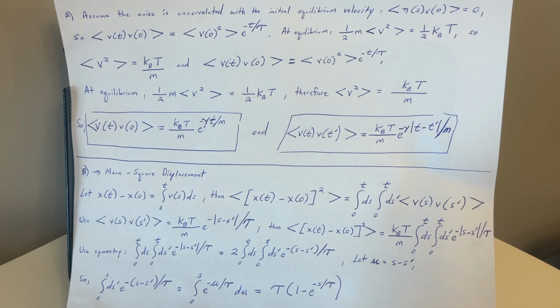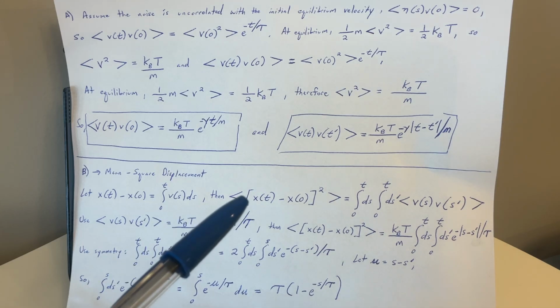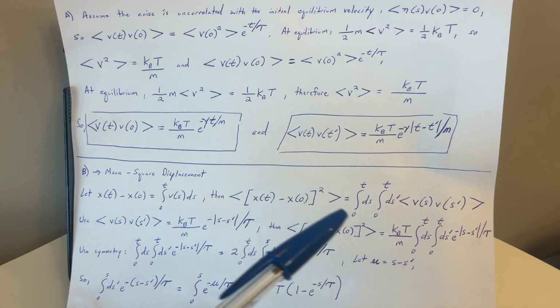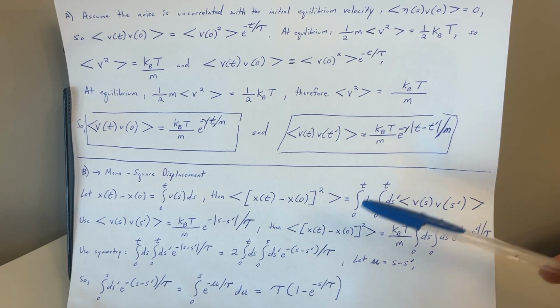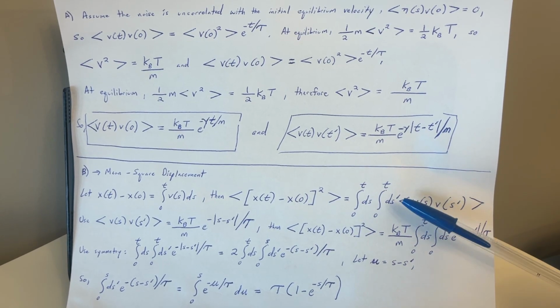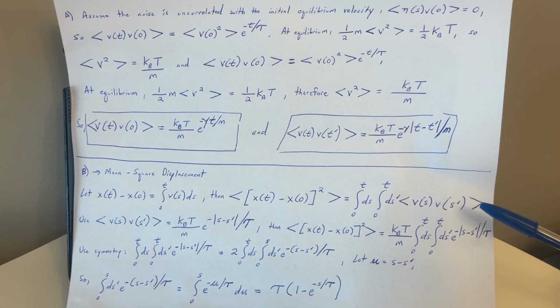For part B, they want us to derive the mean squared displacement, the expectation value of x squared of t, for arbitrary time. We let x of t minus x of 0 equal the integral from 0 to t of v of s ds, and the expectation value of x of t minus x of 0 squared equals the integral 0 to t ds times the integral 0 to t ds prime of the expectation value of v of s, v of s prime.